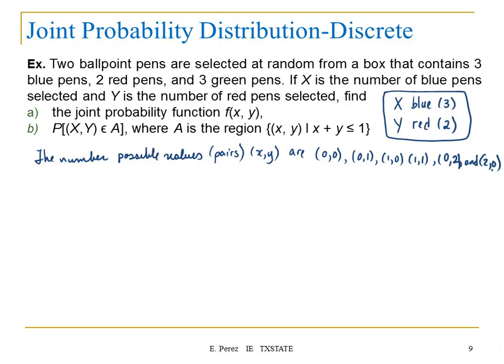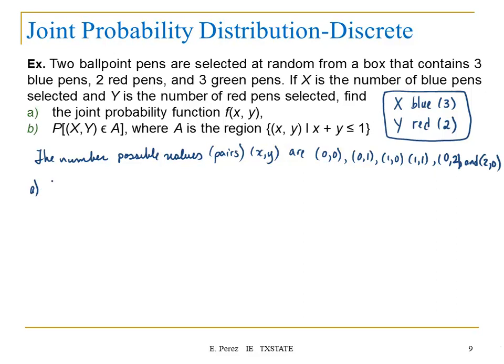Now, to get the joint probability, let's see, A, what would be the total number of equally likely ways of selecting any 2 pens from 8? How many combinations for selecting 2 out of 8? Correct.